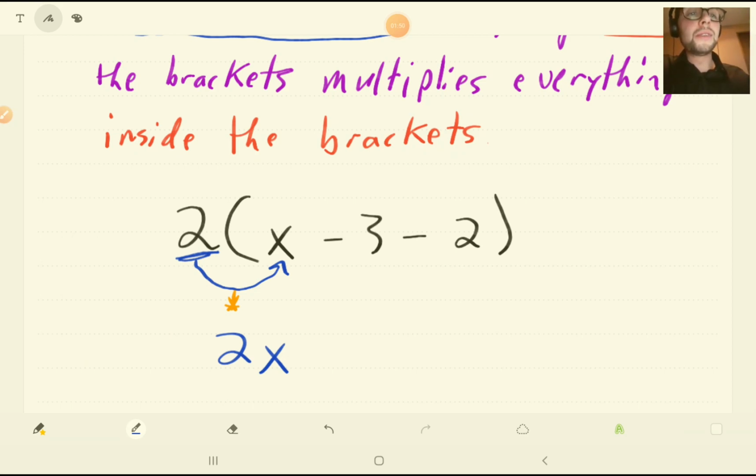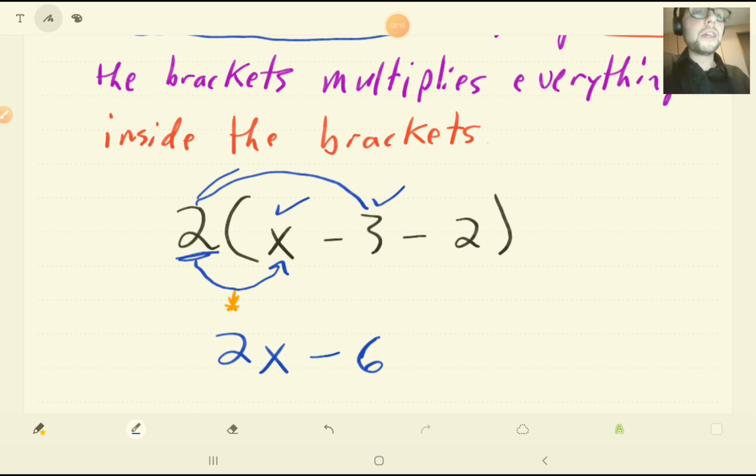When that one's done, we go to the next one, and I put a little check mark here. The next one, 2 times negative 3 is going to give us negative 6. And now we can check this one off. So I should have both of them checked off.